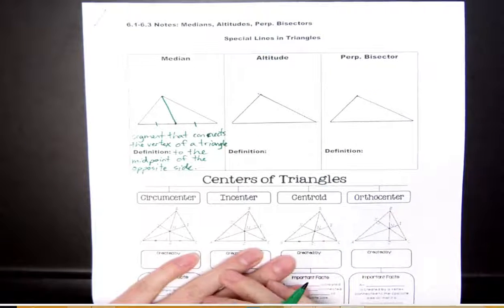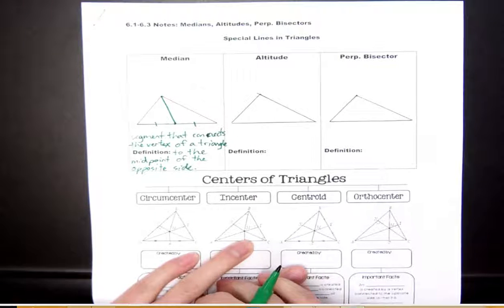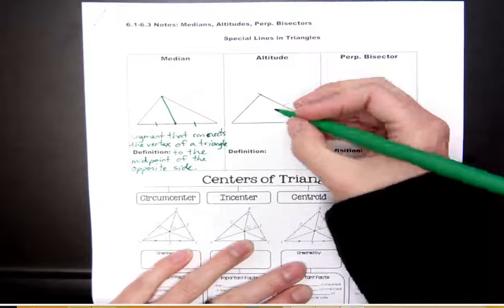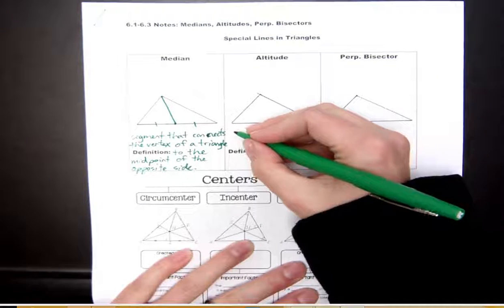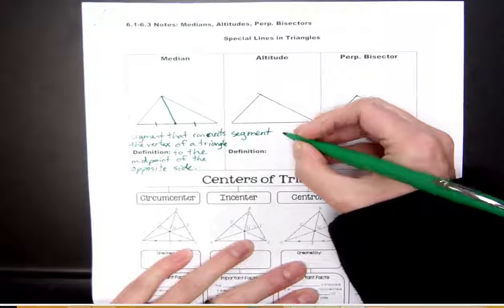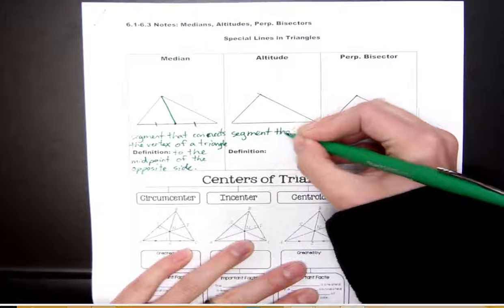Do you guys know altitude? You told me it's the height of something. How do we determine that it's the height and not like a slanted line? Yeah, it has to be straight up and down, right? And so our definition is just, it's the segment that goes through the vertex and is perpendicular, so we're at right angles.